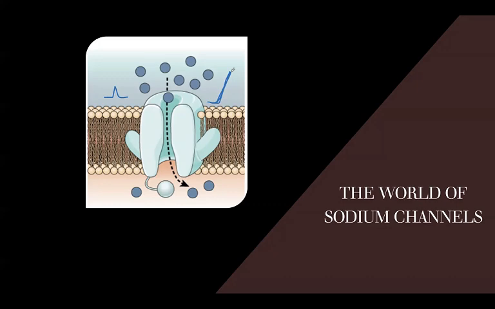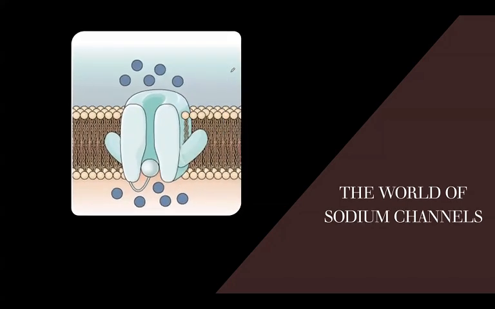But you see, after about 100 milliseconds, this open state of the channel will give way to a third state, which we call the inactivated state. Now you'll notice that in this inactivated state, there is a structure that seems to be blocking the channel.